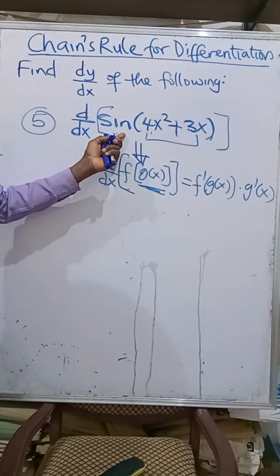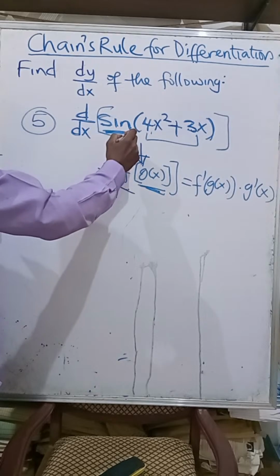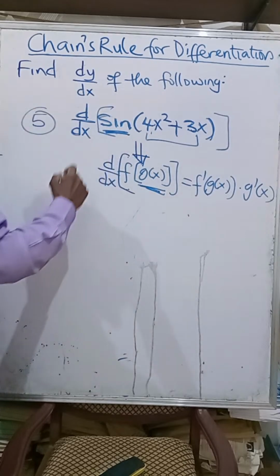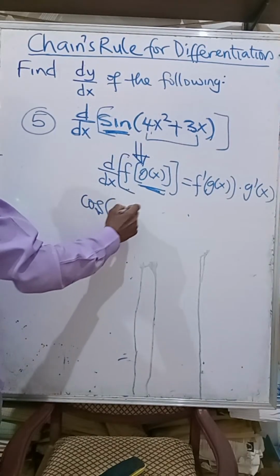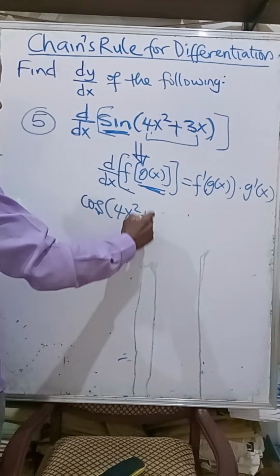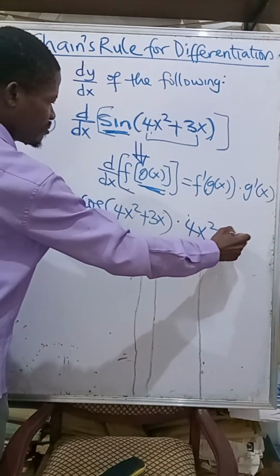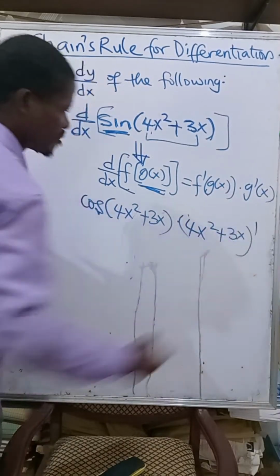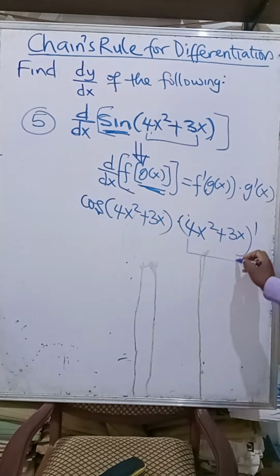So apply that for this one. First of all, you differentiate the outside function, the external function. The derivative of sine is cos of the function, 4x squared plus 3x, and times the derivative of the composite function, that is, the derivative of that expression.